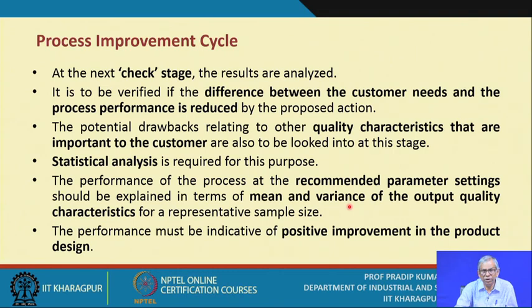And this variability is inevitable. So obviously the present level of variability you must know, and if it is not acceptable to you, you use ways and means to reduce this variability significantly. The performance must be indicative of positive improvement in the product design.